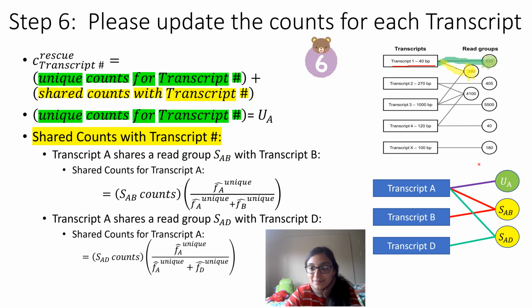Let me take a little toy example to make it easier to understand. For transcript A, we have the counts here. Transcript B, we also have those counts, and D. But what really matters is not the counts right now, because we have them covered in the relative unique abundance values we just calculated.